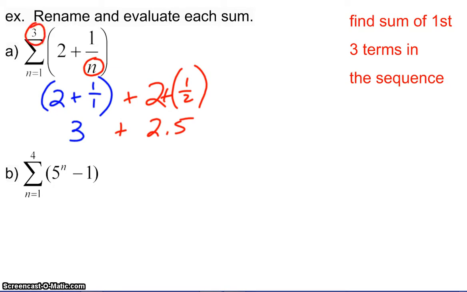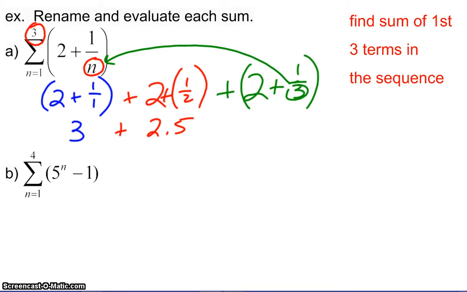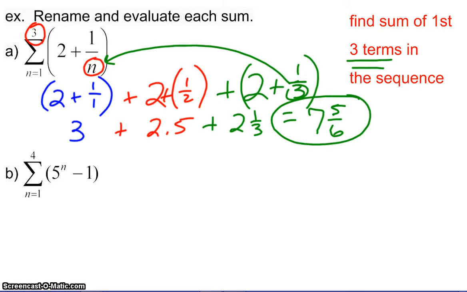And then we need to go up to the third term because it says the first 3 terms, and so we will do 2 plus 1 over 3 for our n value of 3. And find out that that is 2.33, and those are the first 3 terms in the sequence. So we will add up those 3 terms and find out that the sum of those three terms is 7 5/6.